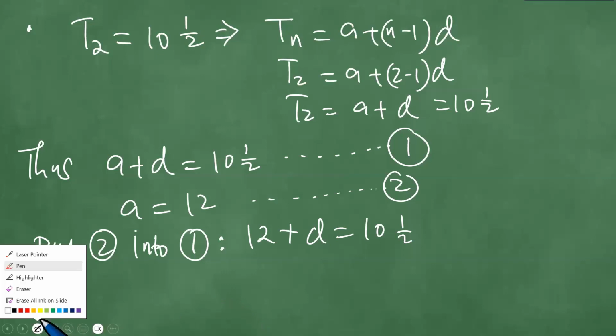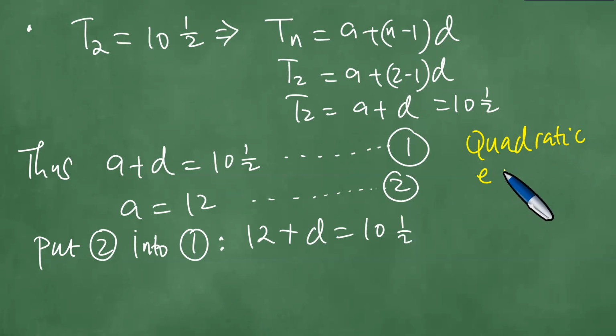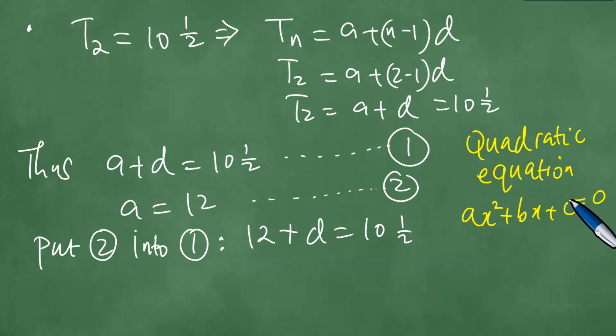Because you mentioned the quadratic equation, I'm going to comment on it. A quadratic equation is ax squared plus bx plus c, equated to 0.